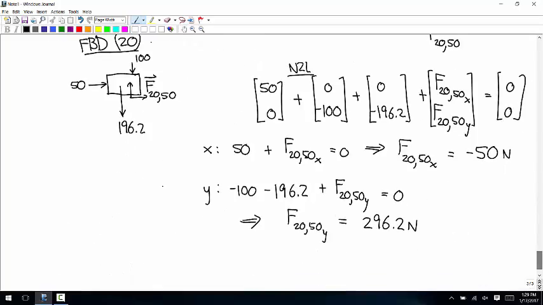And so if you put those together, it tells you that the force vector F_2050 is equal to (negative 50, positive 296.2) newtons.